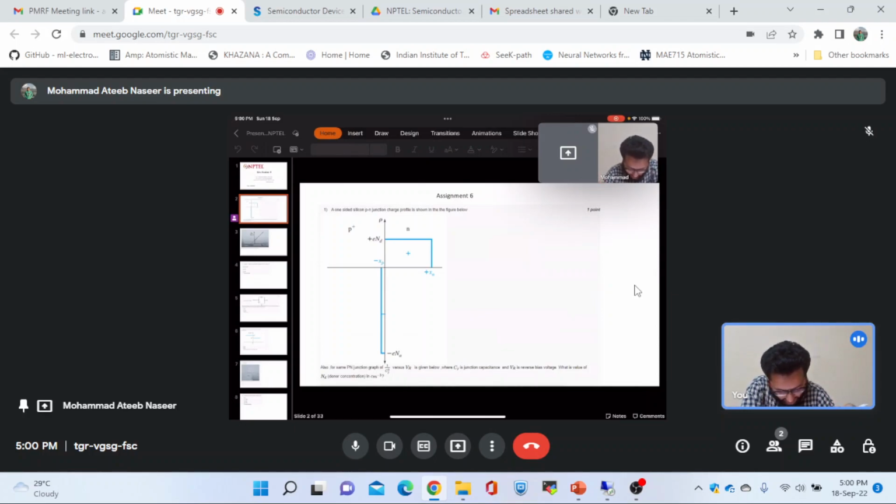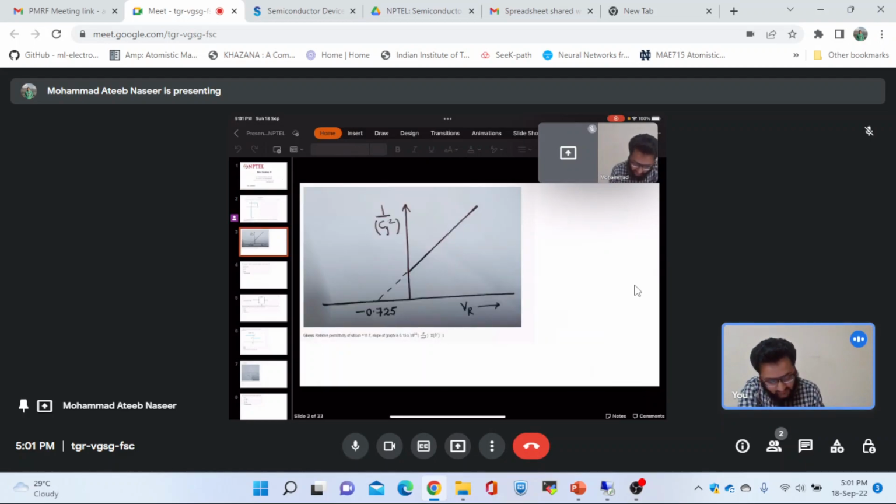And we have been given 1 by Cj square versus Vr, where Vr is the reverse bias voltage. So that plot looks like this.